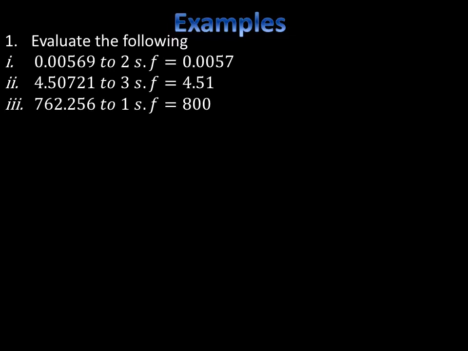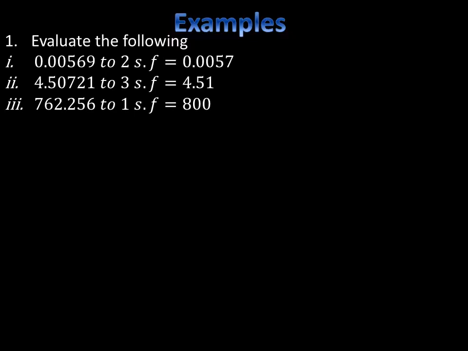So what we are going to do is round off the 6 to 1 and add it to 7. That will give us 8. And because we are to round it off to 1 significant figure, we have 800. All other numbers will become 0.